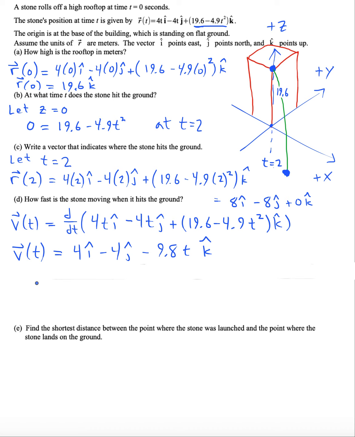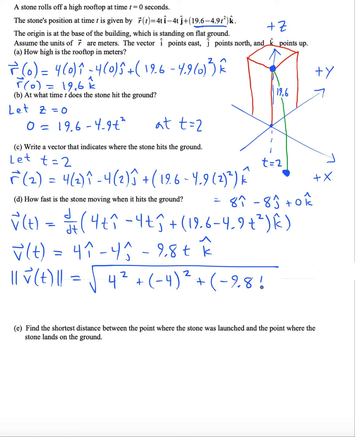All right, to figure out how fast it's moving, though, we're going to want to take the magnitude of this. So we're going to get the square root of 4 squared plus negative 4 squared plus (negative 9.8t) squared. Go ahead and let t equal 2 because that's the time we're interested in when it's hitting the ground.